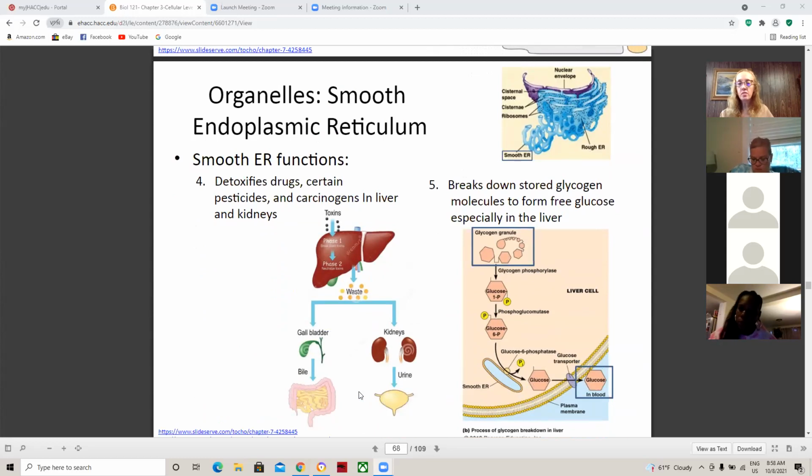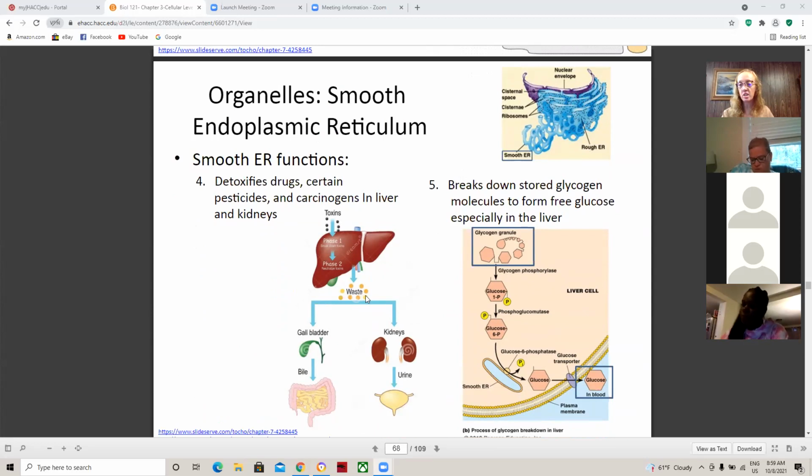In certain types of cells, the smooth ER has other functions, or there's specialized ER with other functions. For example, in the liver and the kidneys, the smooth ER also can detoxify drugs, certain pesticides and carcinogens.